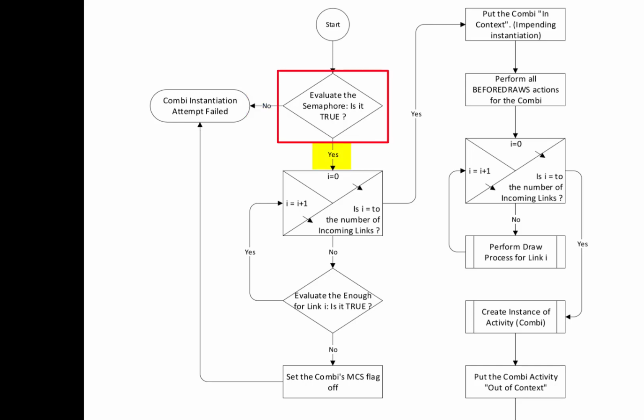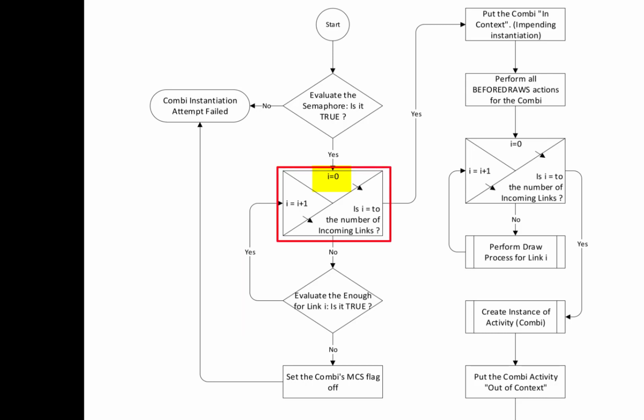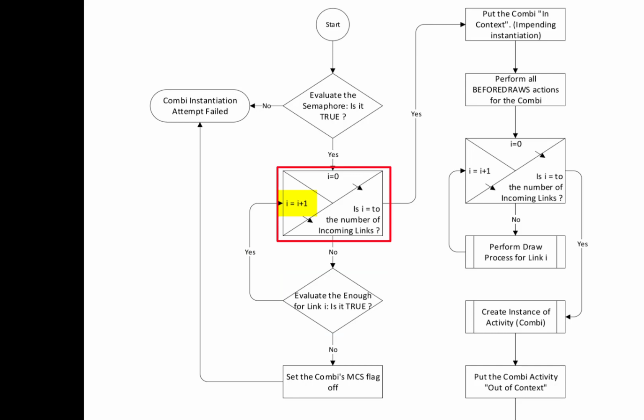If the semaphore of the current activity is true, then Stroboscope starts a loop. This loop is controlled by the counter I. At the beginning, I is checked to see if it is equal to the number of incoming links. If it is not, then Stroboscope evaluates the enough attribute for link I. If the enough attribute for link I is true, then I is incremented to I plus 1.